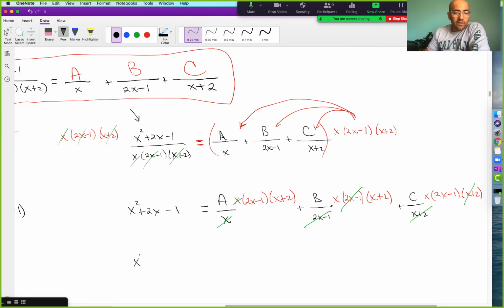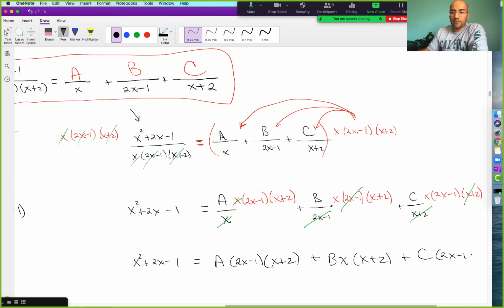So what survives is x squared plus 2x minus 1 is equal to some constant value a times 2x minus 1 times x plus 2 plus b times x plus 2 plus c times 2x minus 1.